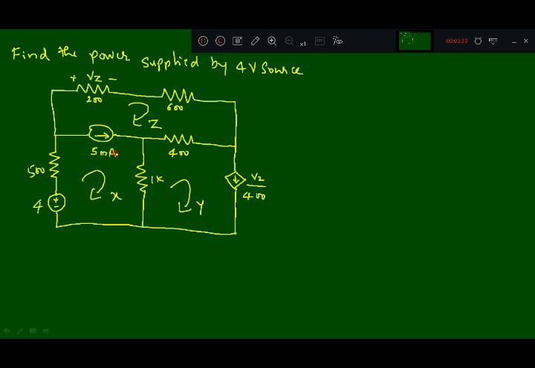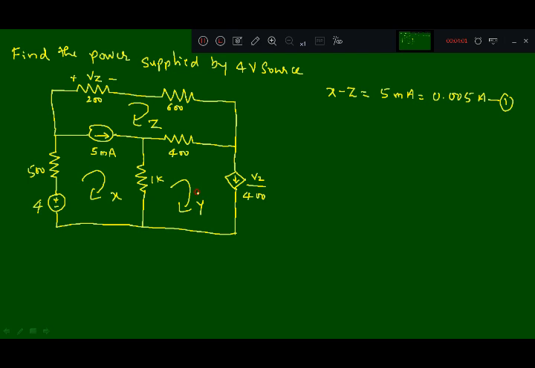X is in the direction of the 5 milliamperes, so our constraint equation is X minus Z is equal to 5 milliamperes, or 0.005 amperes.